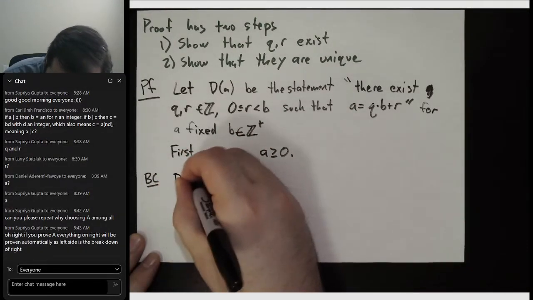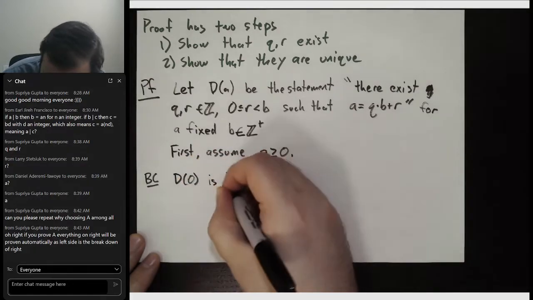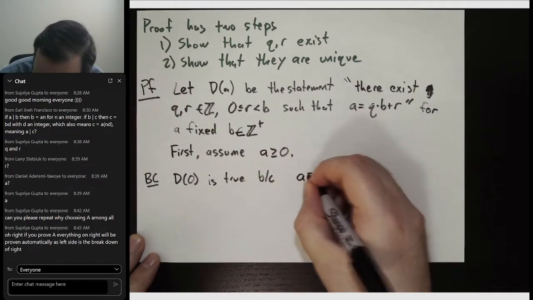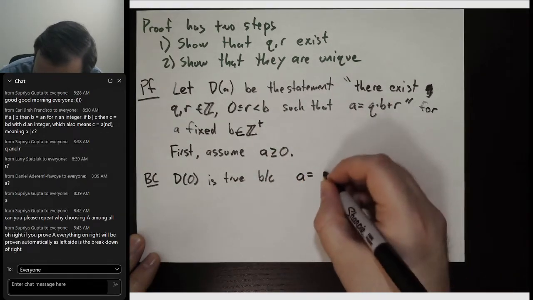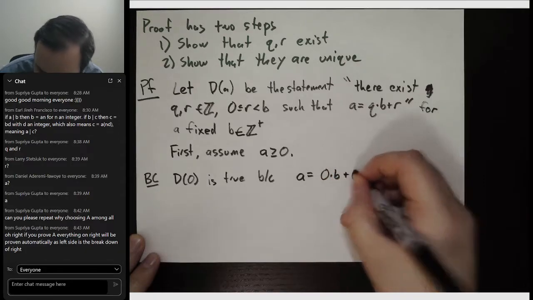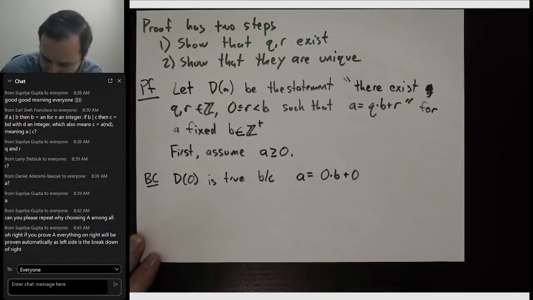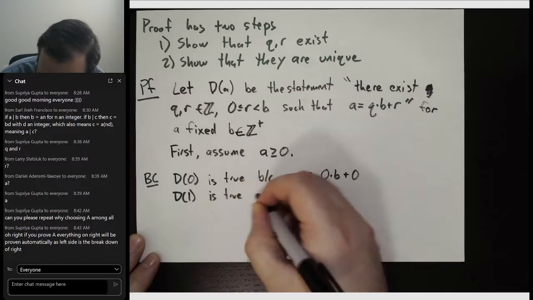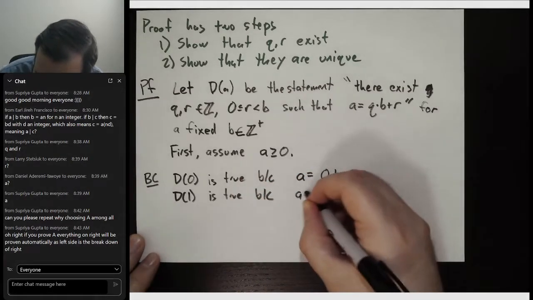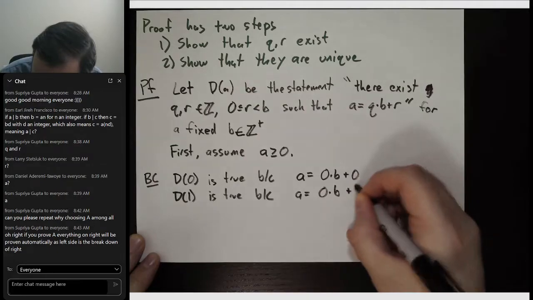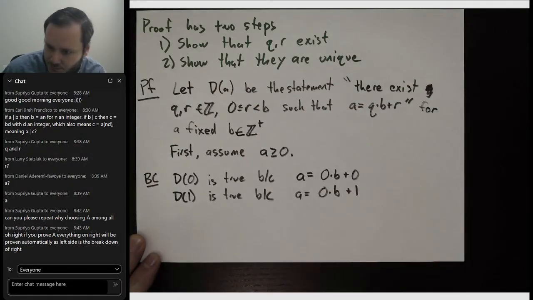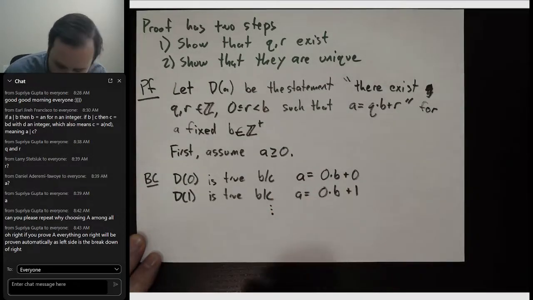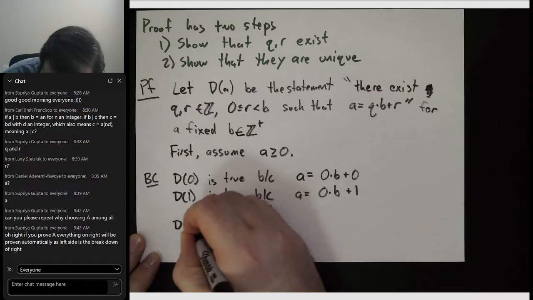So D of 0 is true because A is equal to 0 times B plus 0. And D of 1 is true because A is equal to 0 times B plus 1. And I can keep doing base cases all the way up to D of B minus 1.